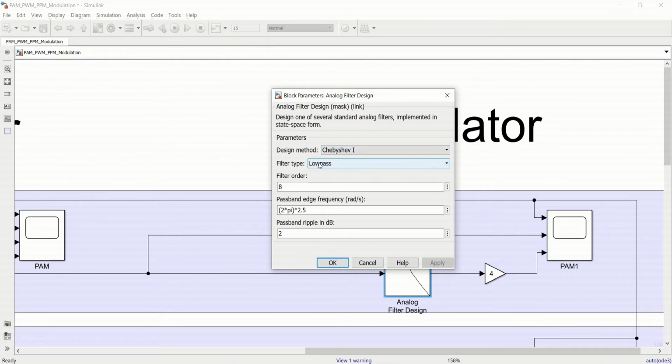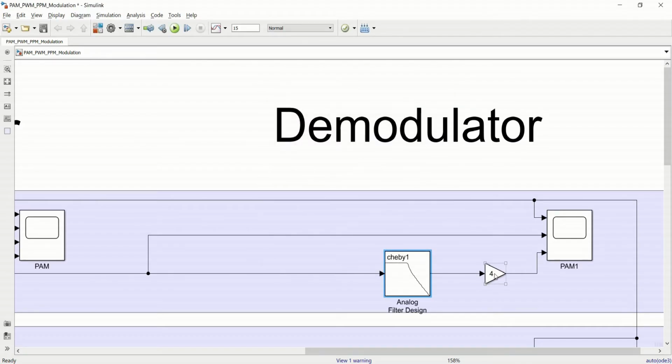This is a low pass filter of order 8 with 2 pi into 2.5, just above the frequency that we have selected for the message signal, and then the pass band ripple in dB is set to 2. Afterwards we have a gain of 4, and then we feed this to the PAM that we receive.